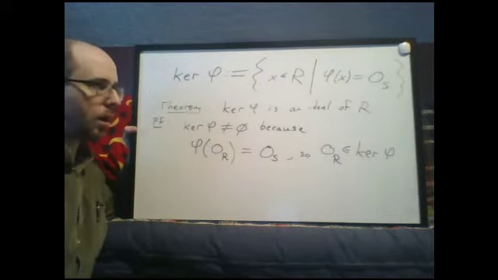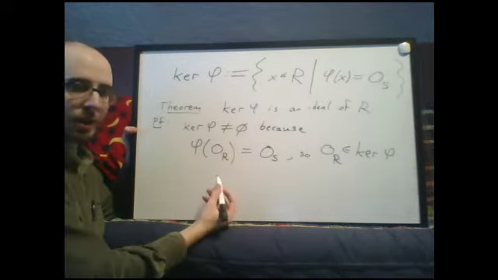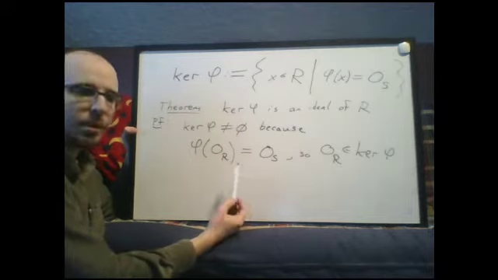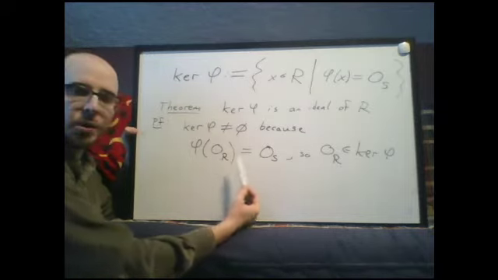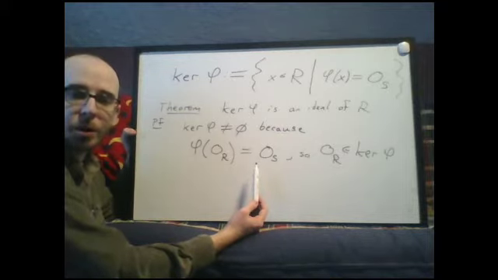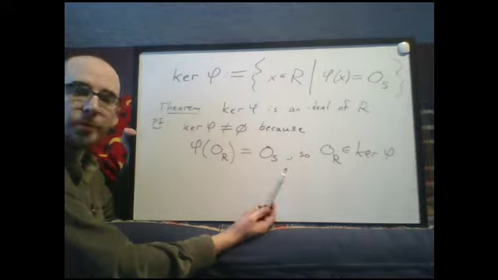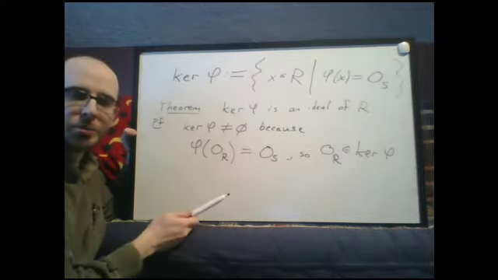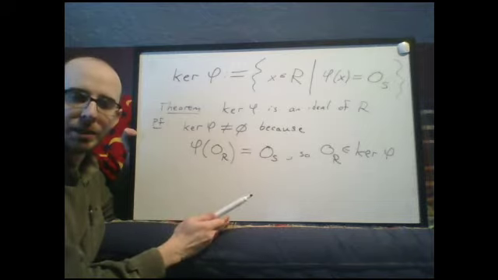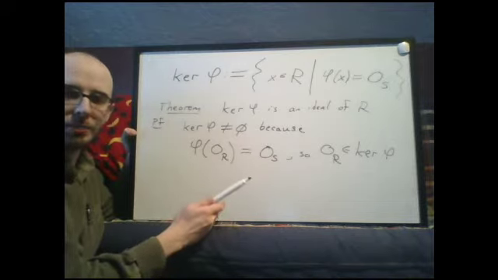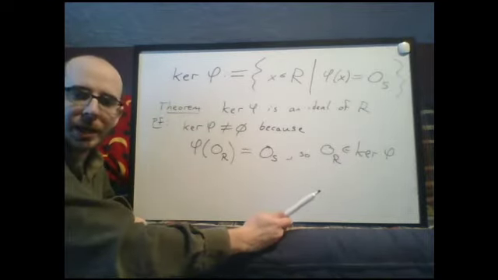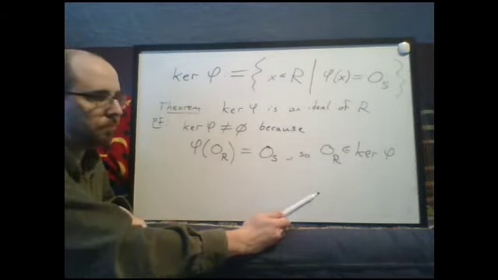I can come back and prove this, but we technically have seen this elsewhere. This statement, that phi of 0 equals 0, is basically a fact from group homomorphisms. If you think back, for group homomorphisms, if you apply a group homomorphism to the identity element in the domain group, the output is the identity element in the output group.